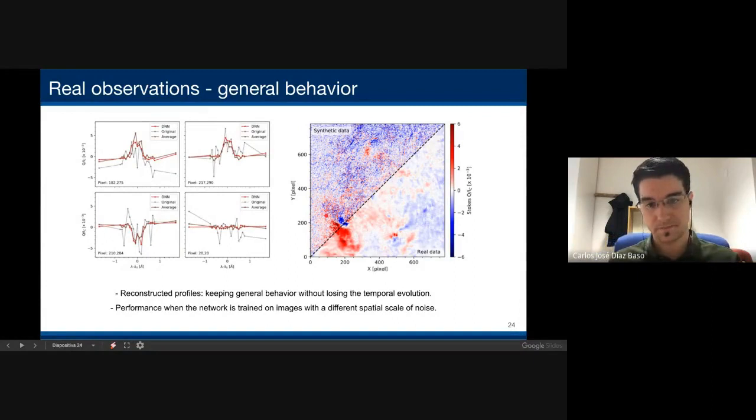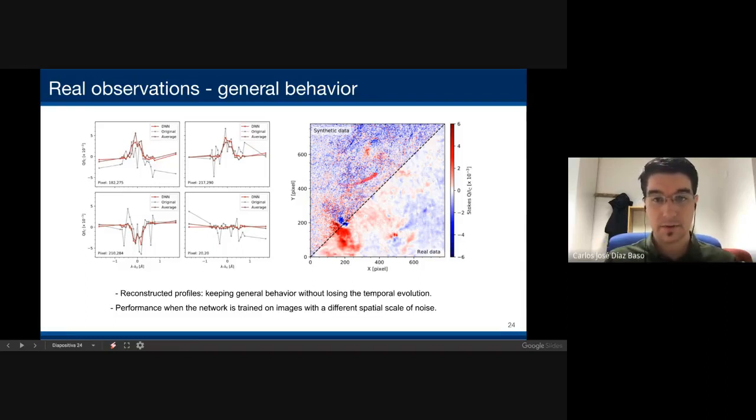And in my opinion, one of the interesting things was that the neural network is really learning the distribution of the noise, to characterize the noise in a sense. What I'm showing here, in the lower part of the image, is the output of a neural network that was trained with real data, so with real noise.